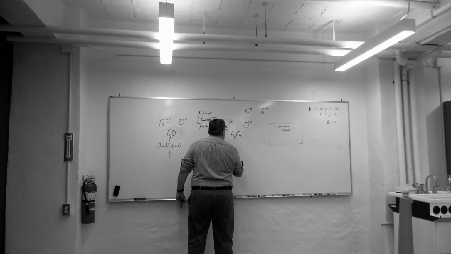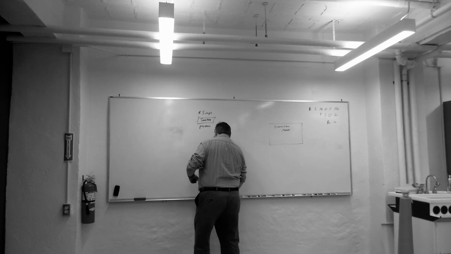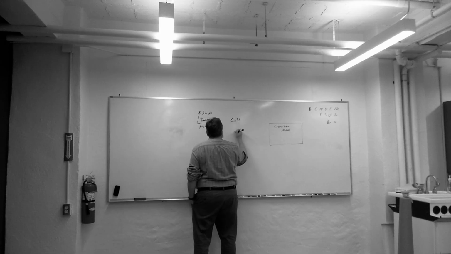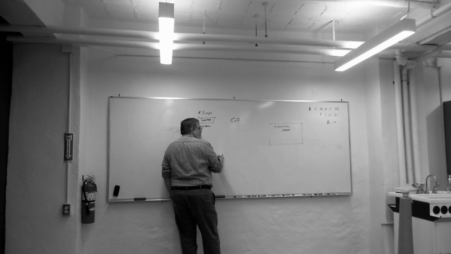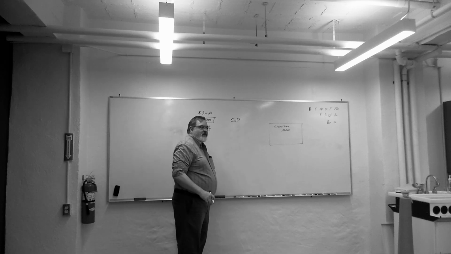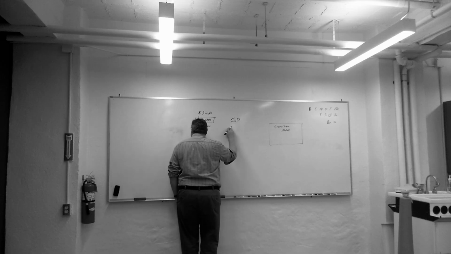What if I gave you CuO? So I give you the compound. That is a copper oxide, and I said, what is the charge on copper? Yeah, you can figure that out because you know this has to be -2, so this has to be +2.